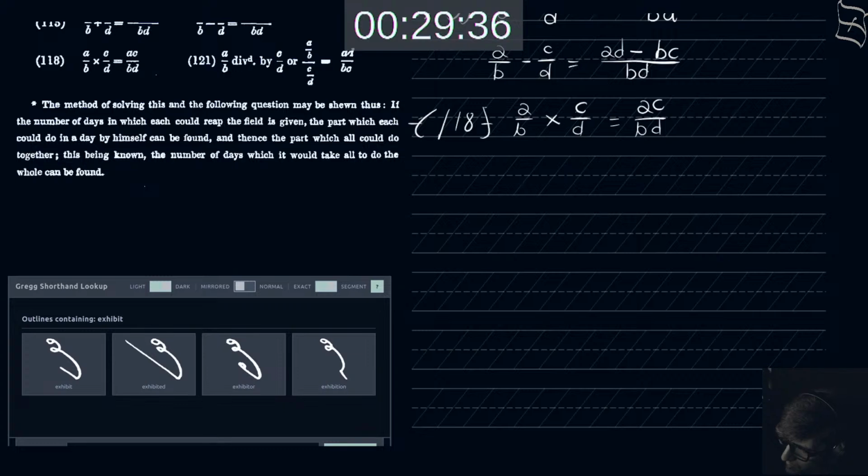So down below, Article 121 lays out how we're supposed to deal with the division of fractions.